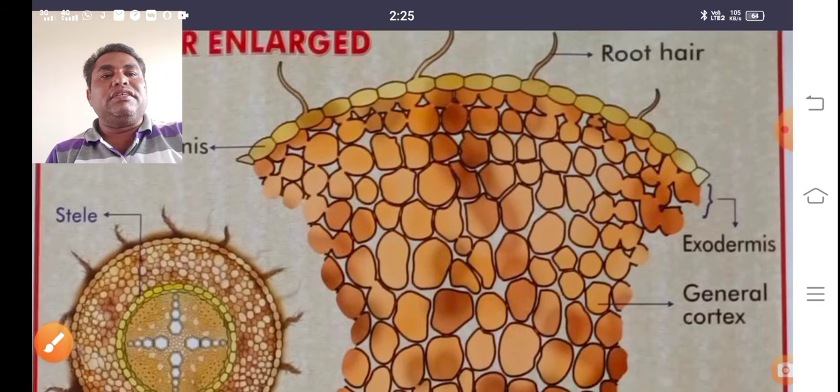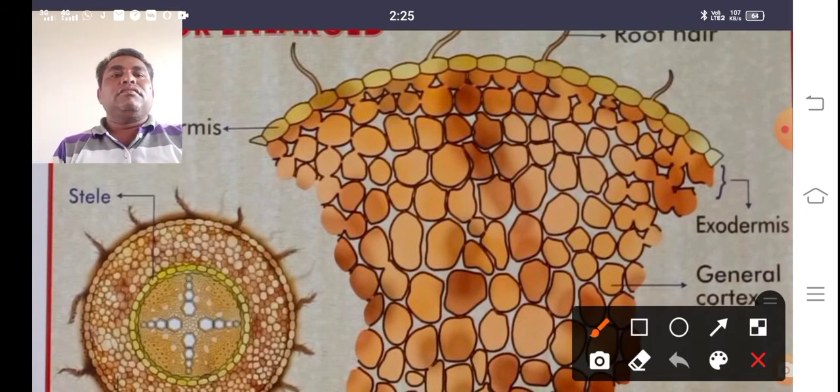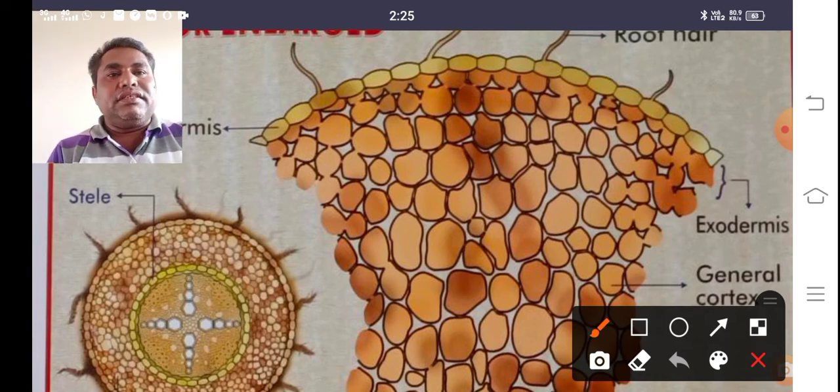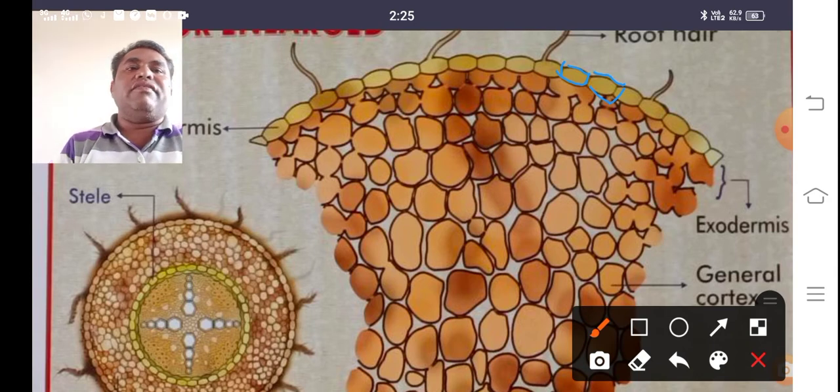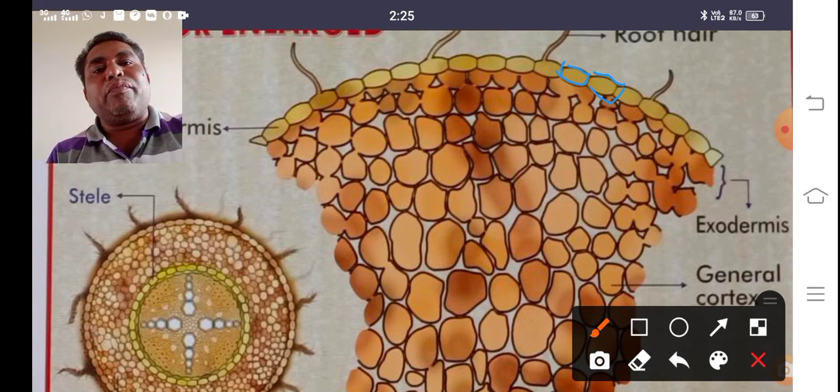The cells are rectangular in shape and their walls are very thin. Some of these cells develop hair-like projections called root hairs. Hair-like projections are called what? Root hairs.